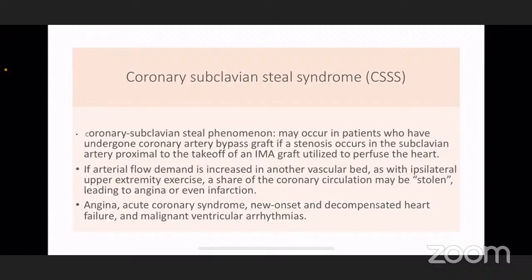If the arterial blood demand is increased in another vascular bed, like in the upper arm, for example, with ipsilateral upper arm exercise, a share of the coronary circulation will be stolen, leading to angina and even infarction. The symptoms can vary from angina, acute coronary syndrome, new onset and decompensated heart failure, and patients can have malignant ventricular arrhythmias.